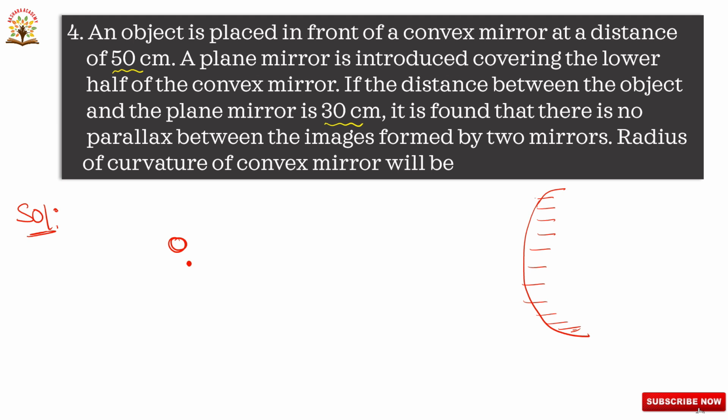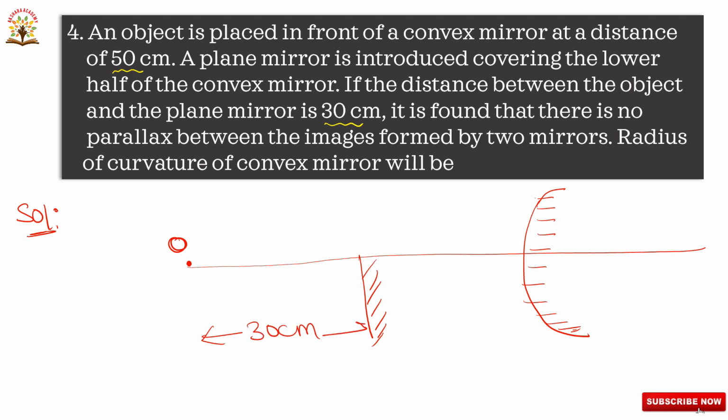This is the principal axis, and here we are introducing the plane mirror, which is at a distance of 30 centimeter between the object and the plane mirror, as given.